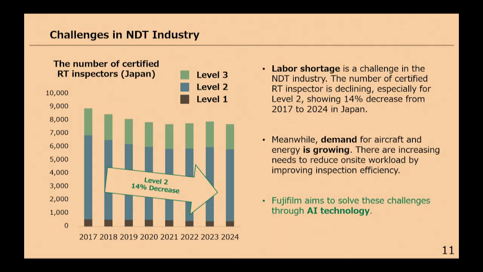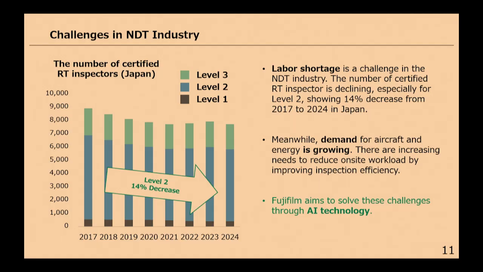So there's a shortage in the United States. To help alleviate some of the shortage issues, we started to develop the AI to help assist the humans to make them more efficient at doing their job and to also help not miss any indications.